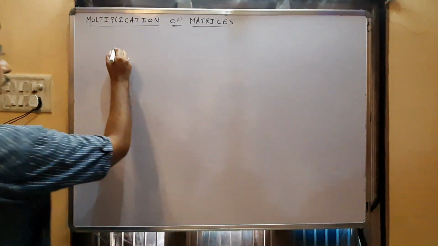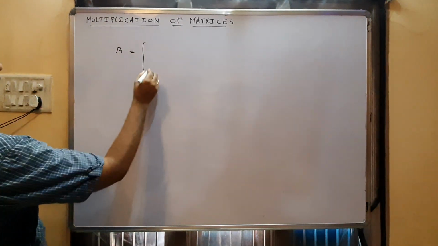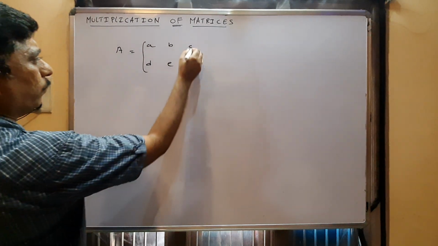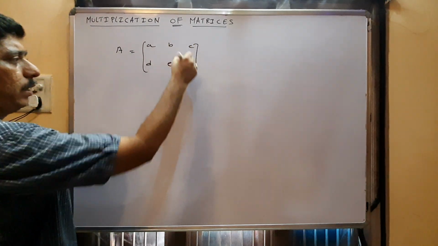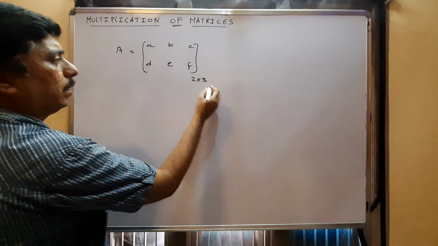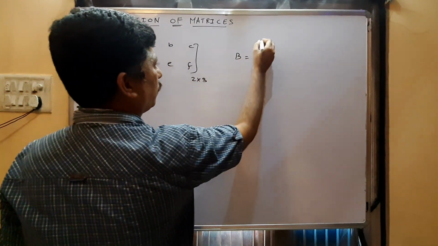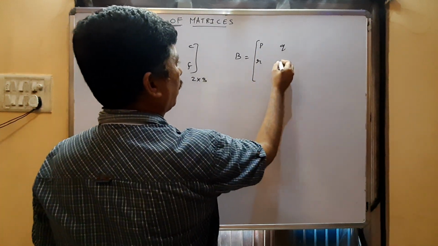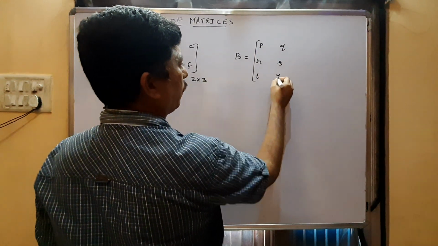See, take matrix A as a, b, c, d, e, f, with 2 rows and 3 columns. So this order is 2 by 3. I will take the B matrix of one order: p, q, r, s, t, y.